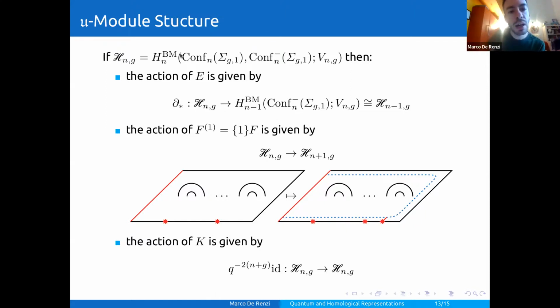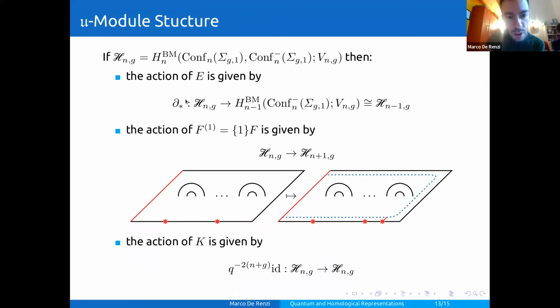And then for these spaces, we can define the action of generators of the quantum group E, F, and K really homologically. So for instance, the action of the generator E is implemented by the boundary homomorphism in the long exact sequence of the pair conf n and conf n minus 1.